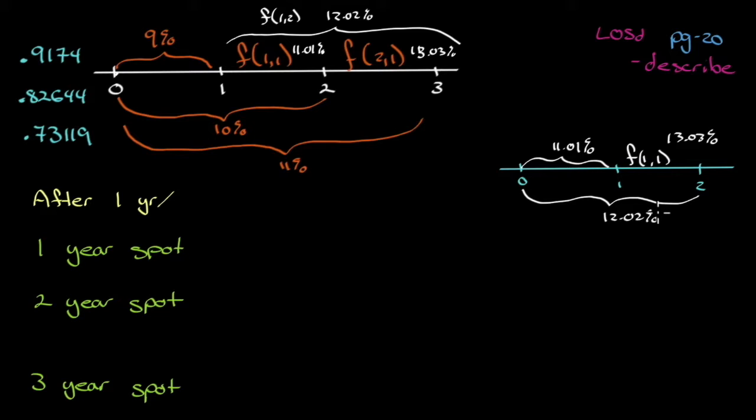That is if all of the thinking that went into all of these spot rates and all of the trading ended up being exactly what everyone thought it would be in terms of the forward rates. So that in a year, the 1-year spot is no longer 9%, the 1-year spot is now 11.01%.